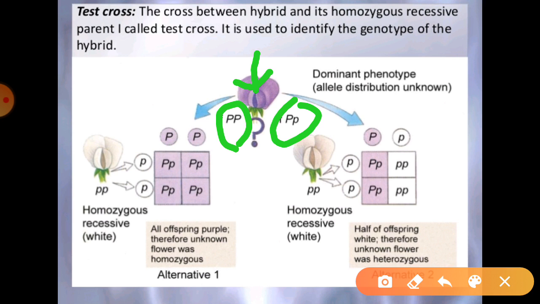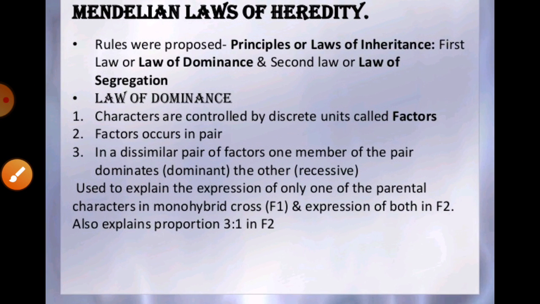Later on we have to talk about another thing, that is generally the laws given by Mendel, right. He proposed different rules, and those rules are generally known as the principles or the laws of inheritance.